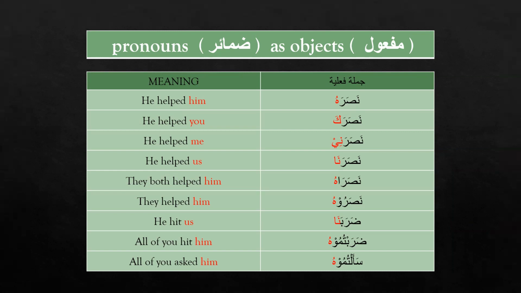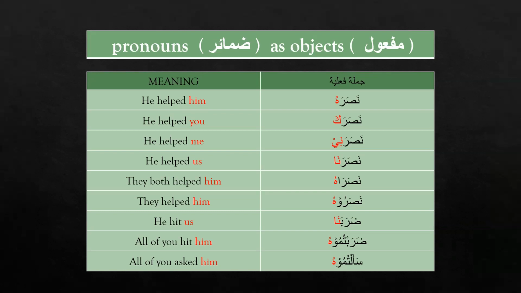And remember, for Jumla Fa'iliyya the object is maf'ul or the detail, and the detail is always nasab in state, they are mansoob. So forget about the dhamma, kasra, or fatha. Just remember for Jumla Fa'iliyya, if it is the attached pronoun, if it is the maf'ul or the object of your sentence, it will be in the state of nasab, or mansoob. And for Jumla Ismiyya, we will also see that.